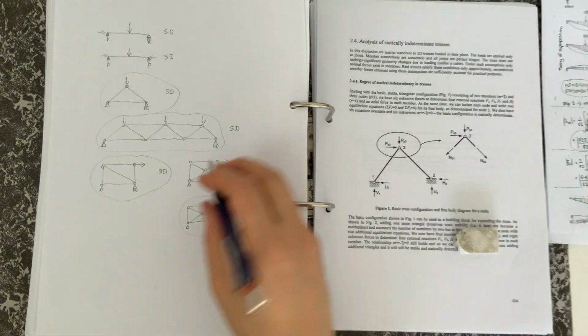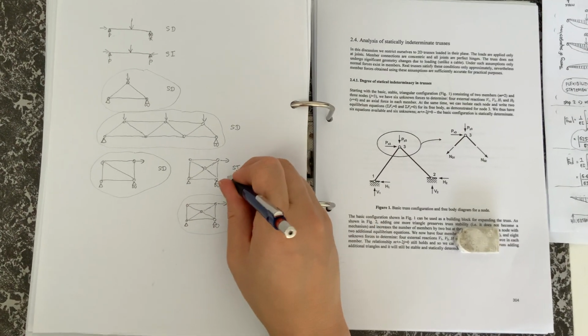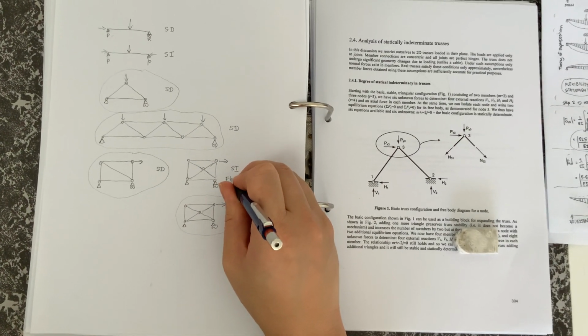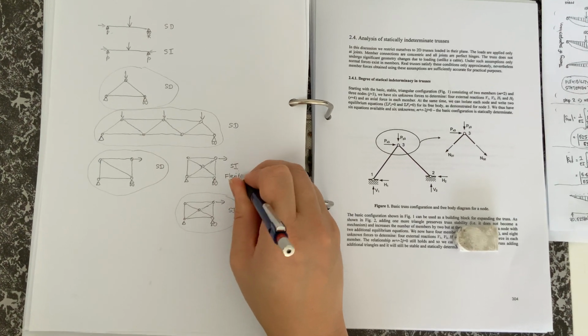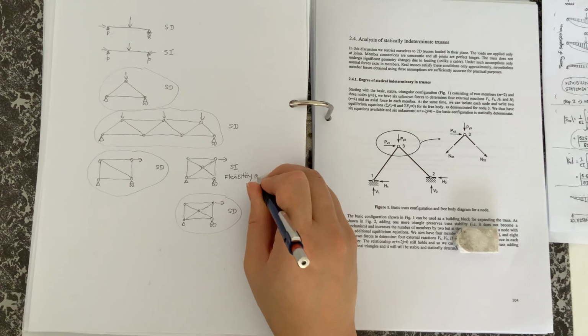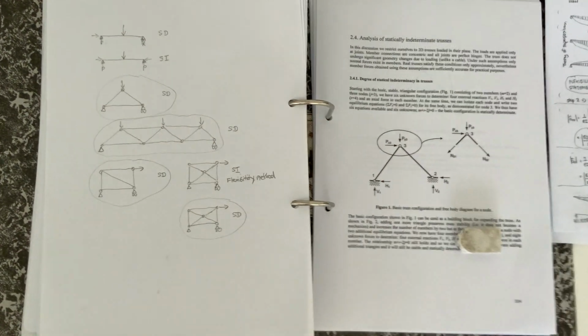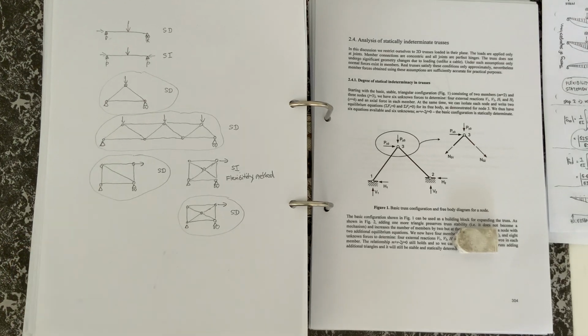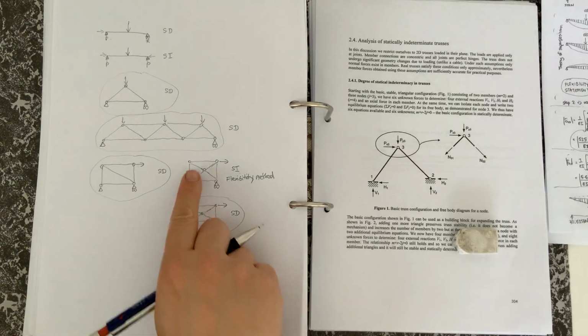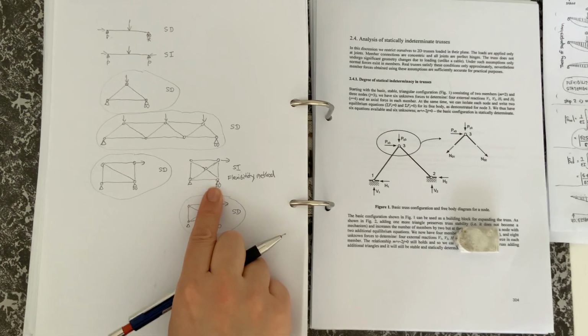And to solve this statically indeterminate problem, we are going to need to use the flexibility method. So exactly like we have with the beams, where we removed a support, or with the beam here, we turned it into a pin.